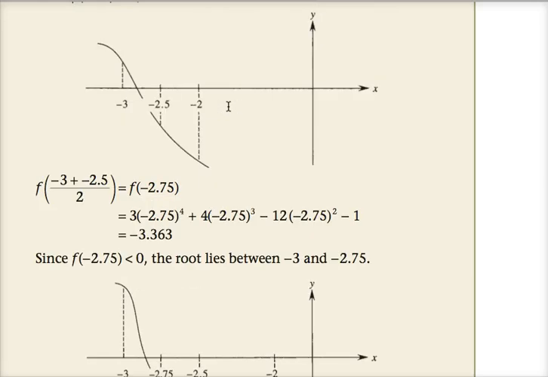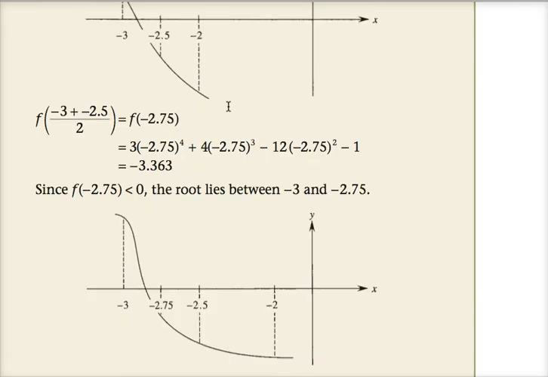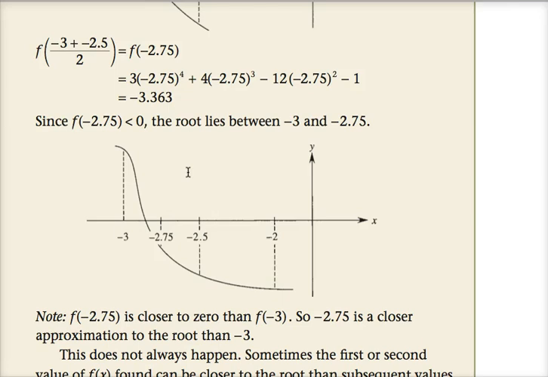Again, to see which one it's closer to. Function of negative 3, we got 26. Function of negative 2.75, we got negative 3. Which one's closer? 26 or negative 3? Yeah, so function of negative 2.75 is closer to 0 than function of negative 3. So therefore, negative 2.75 is a closer approximation to the root than negative 3.